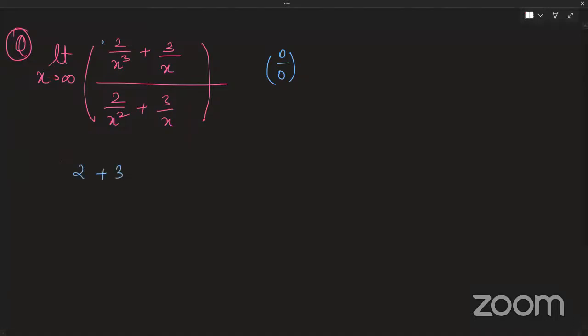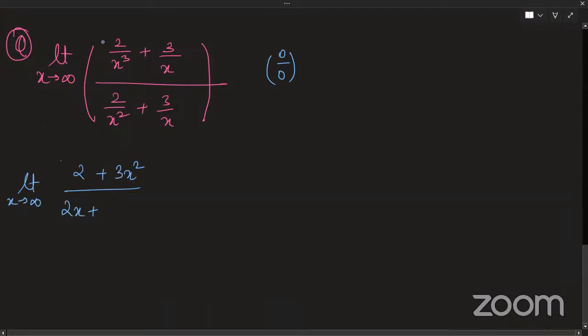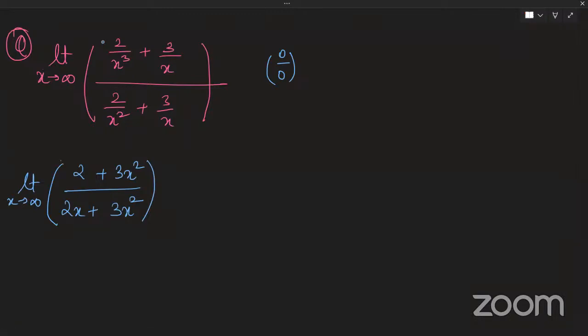It will be 2 plus 3x square divided by, tell me, 2x, 3x square. Right? You got this, everyone?